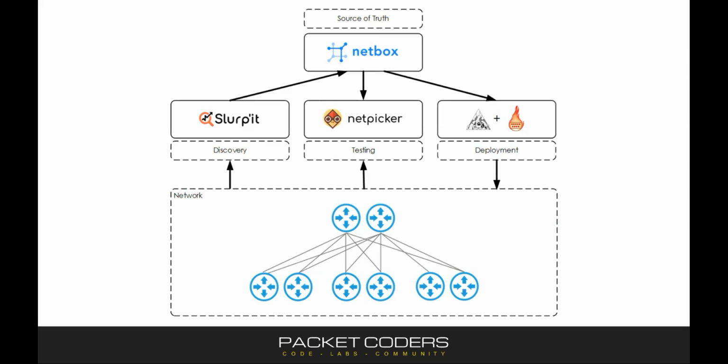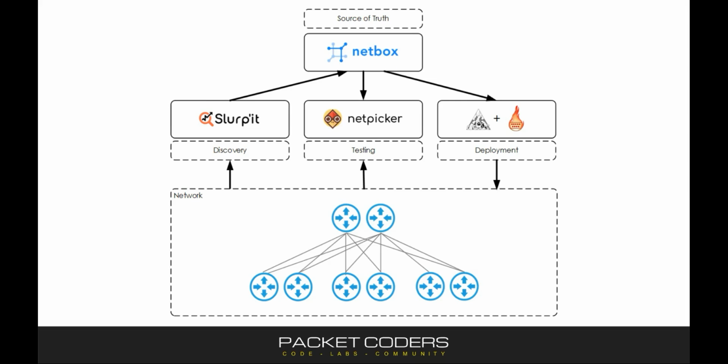We then used the data as an inventory from NetBox to define which devices we're going to test within the network. And so we did that testing at the network compliance level at the Netpicker stage. And then we leveraged Napalm, Nornir and Jinja to bring that data from NetBox, render some config, and deploy that out to our devices.